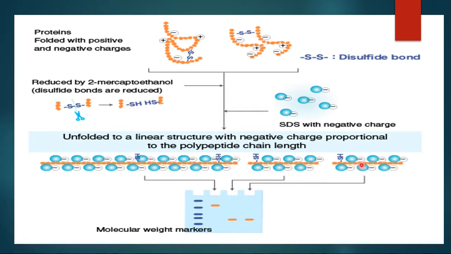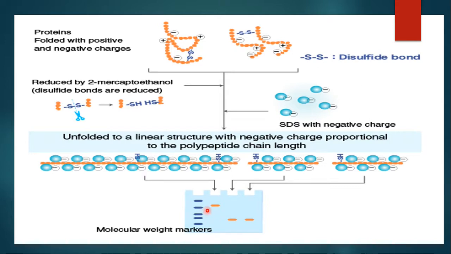Whether it is a small or a large one, they are all going to have only negative charge. Now when treated with SDS and a reducing agent, the polypeptides become rods of negative charge with equal charge density. Now there is no chance of positive or negative, only one charge is there, that is negative. Thus we can separate the proteins based on their mass.